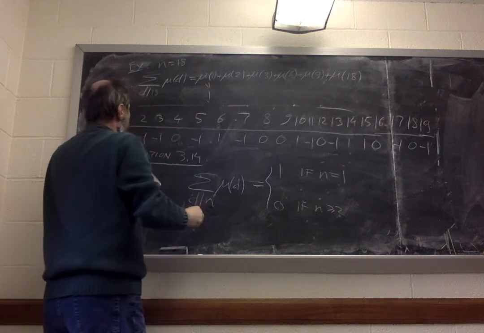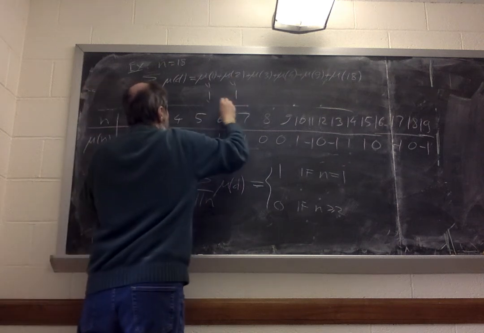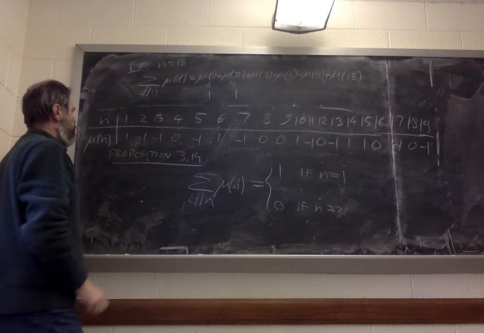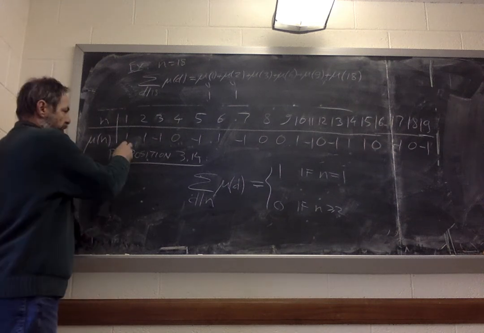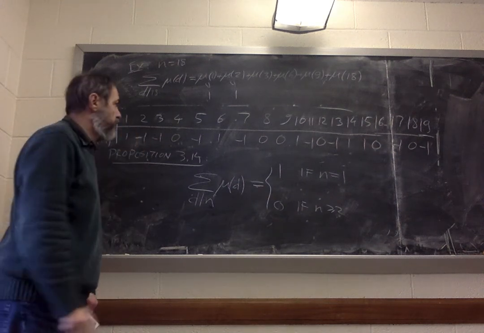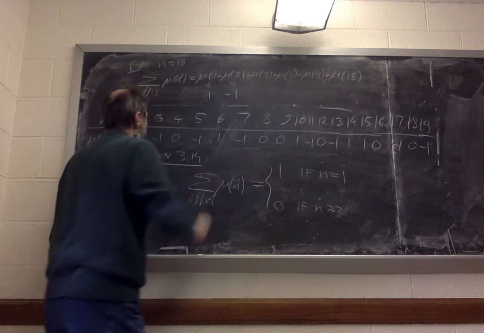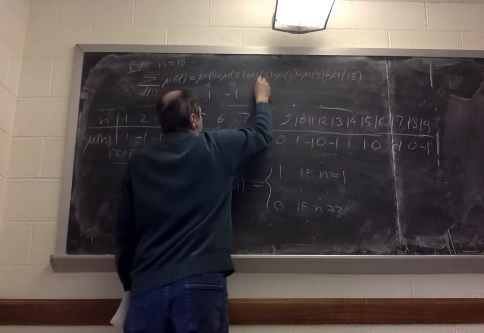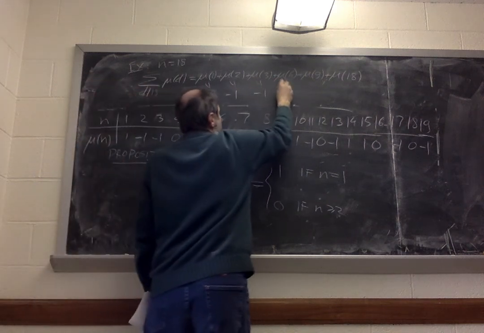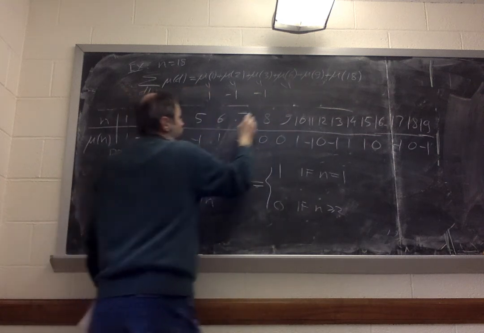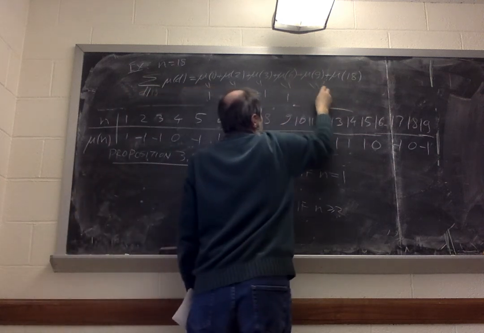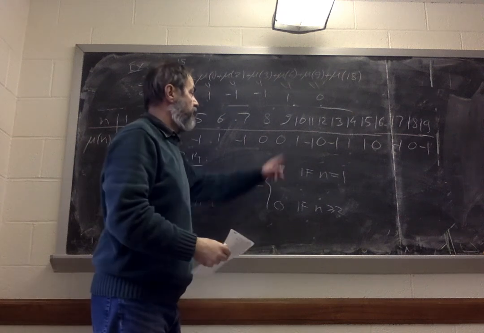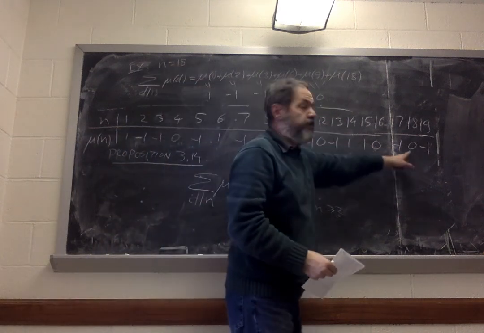Mu of 1 is 1. Mu of 2 is minus 1, and I hope that it was minus 1. It's minus 1. Mu of 3 is minus 1. Mu of 6 is 1. Mu of 9 is 0 because I have a repeated factor, and mu of 18 is also 0.